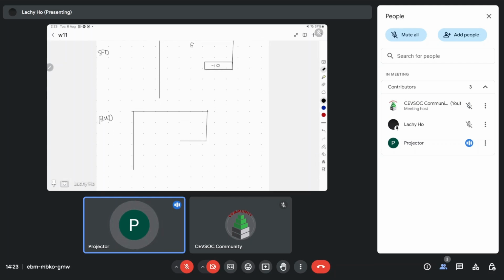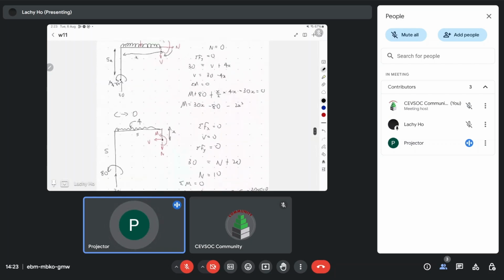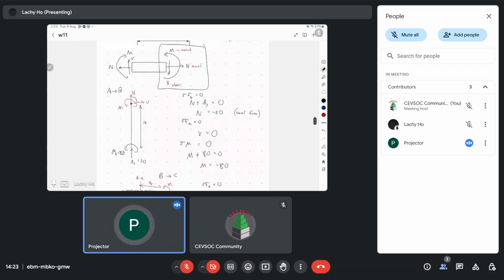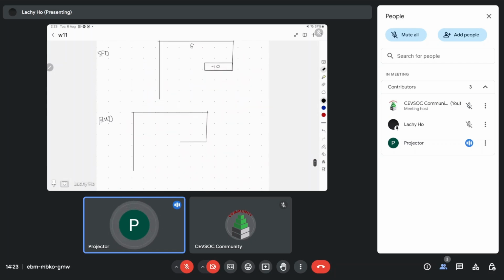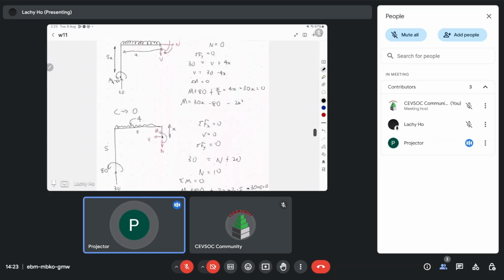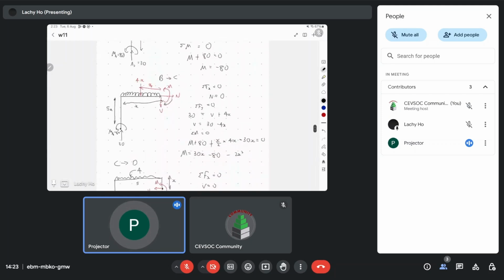And then for the bending moment diagram, we have a multitude of equations. AB is minus 80. Okay, that one's not too hard. So let's draw on minus 80. And then from B to C, it follows this equation, this one here.